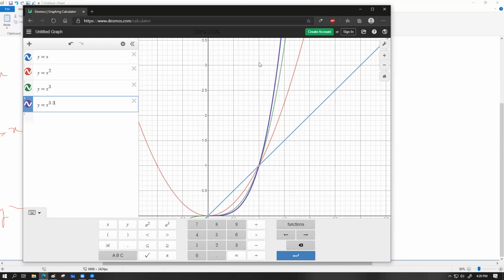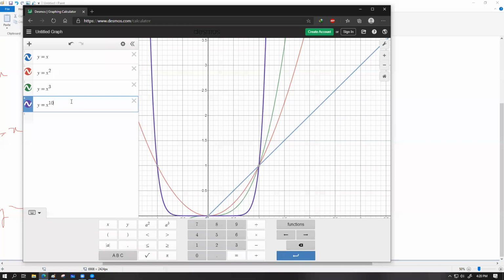You see, it's slightly bigger than this green line. If I make this 3.4, if I make this 4, you see that is happening. It's becoming steeper, steeper, steeper. If I make this 10, below 1 is becoming even smaller, and above 1 is becoming even steeper.